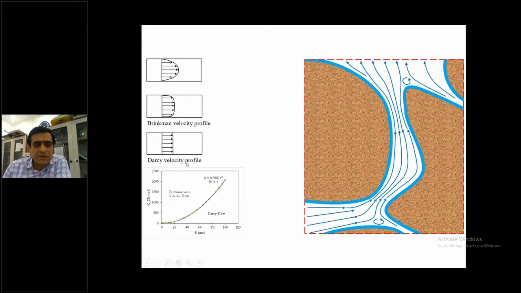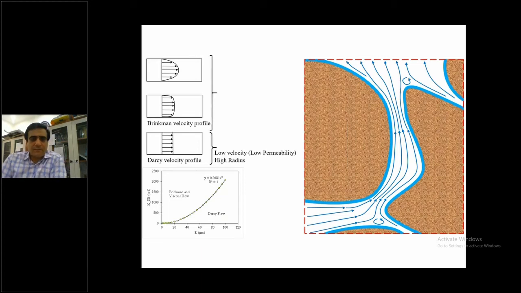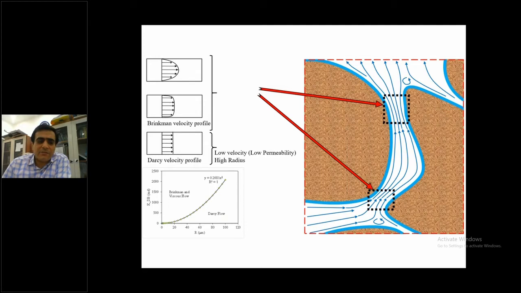In the Darcy velocity profile, the velocity is quite the same throughout the pore throat. But if you have Brinkman or Navier-Stokes viscous flow, the velocity profile is a little more circular or hyperbolic rather than constant. We can determine the differences between the three flowing regimes, and the conditions under which each flowing regime predominates in porous media.